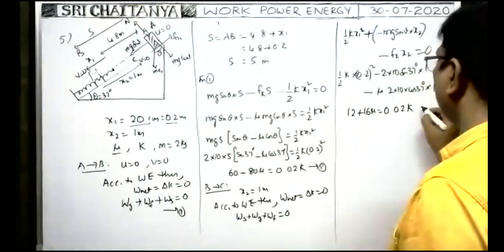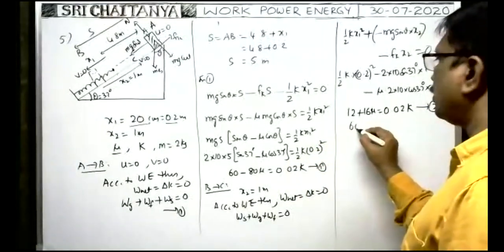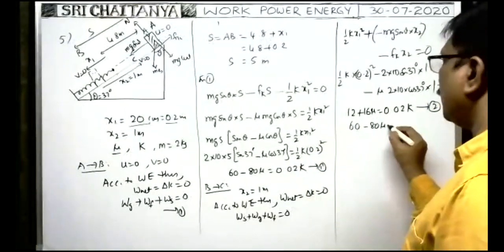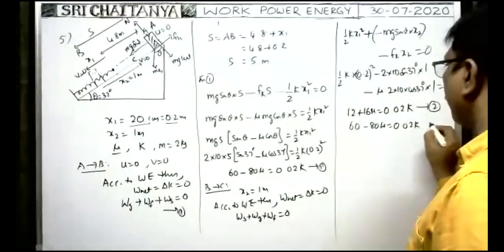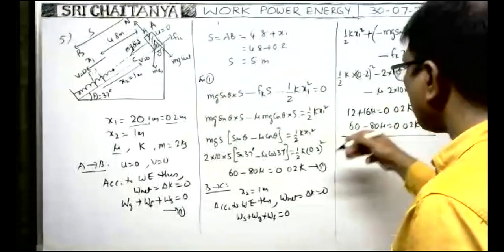It is equation 2. From equation 1, 60 minus 80 mu is equal to 0.02 k. This is equation 1.